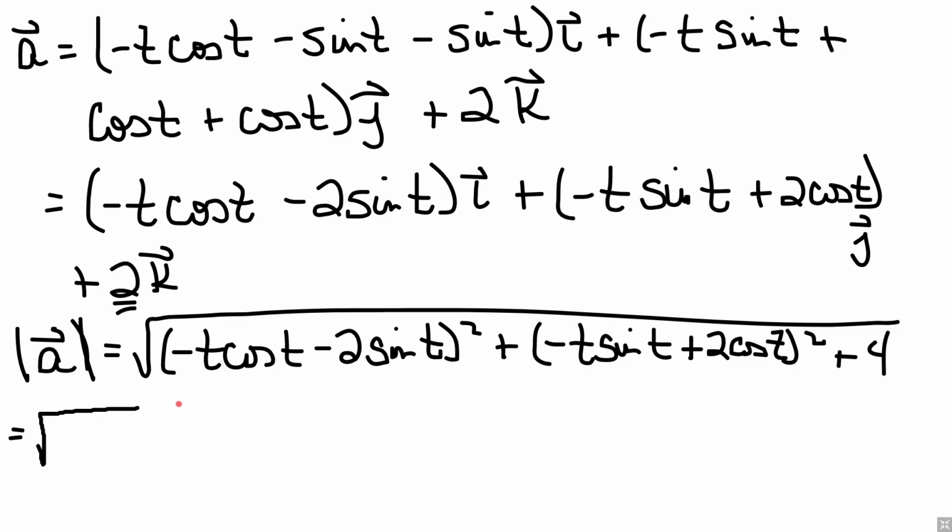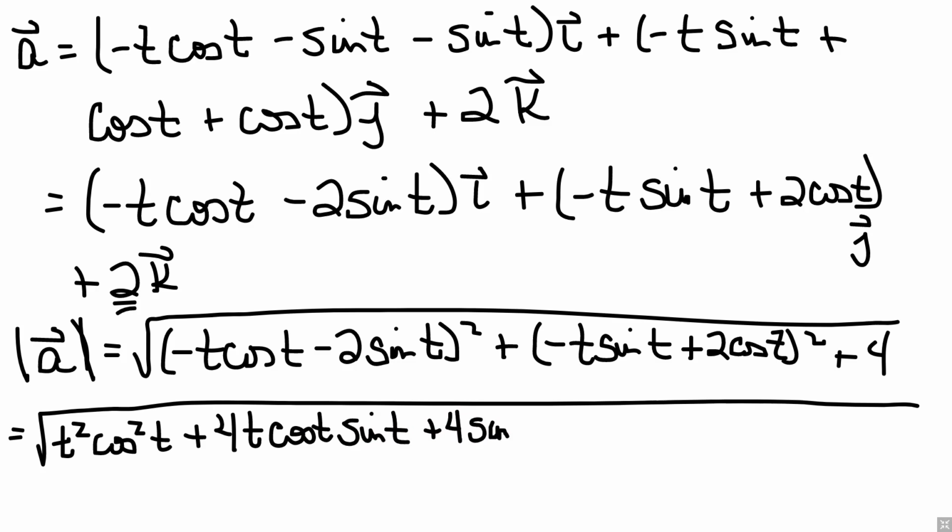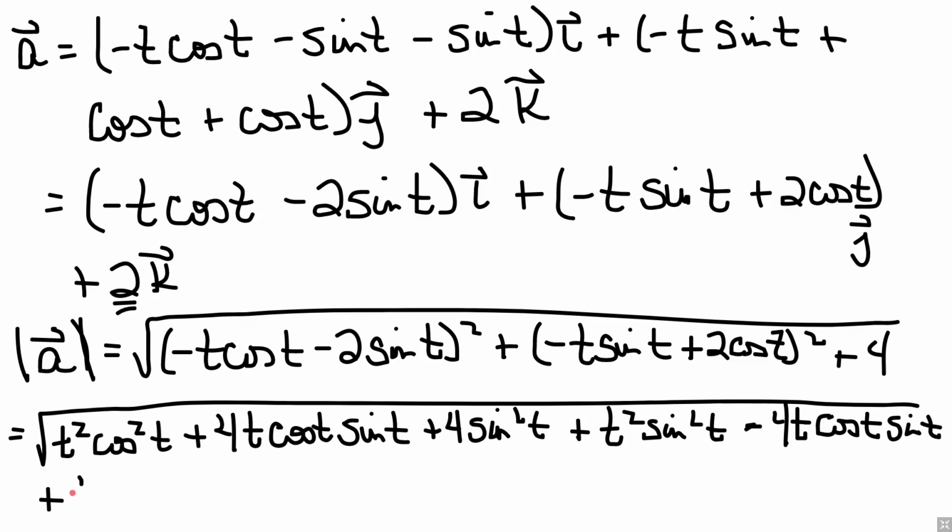So we end up with the square root of t squared cosine squared t plus 4t cosine t sine t plus 4 sine squared t plus t squared sine squared t minus 4t cosine t sine t plus 4 cosine squared t, then plus 4. Keep in mind, that's all under the radical.